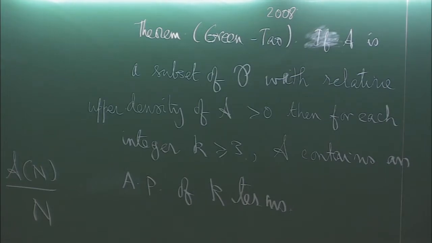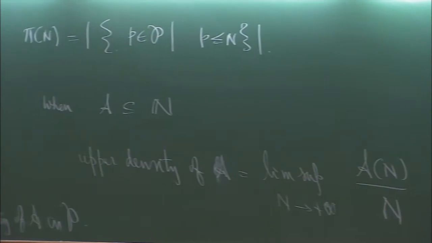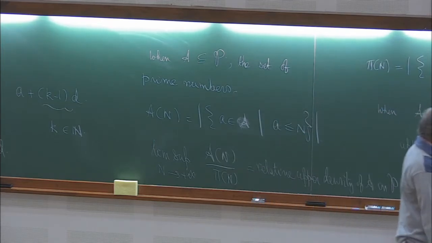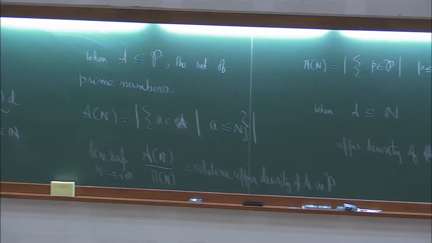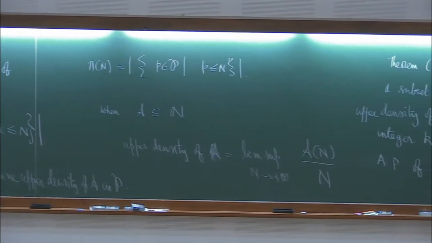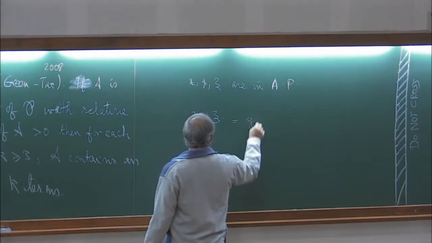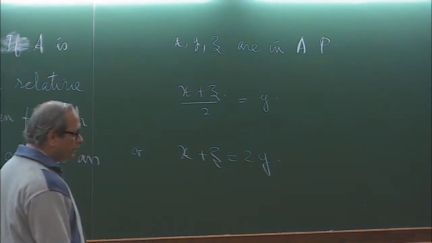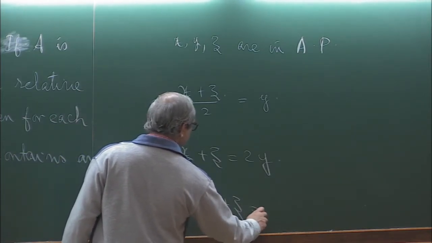But there is another way of saying that 3 numbers x, y, z are in arithmetic progression: x plus z by 2 is equal to y, or even better, x plus z is 2y, or even better, x minus 2y plus z is 0.